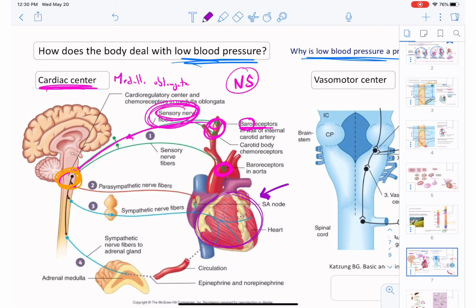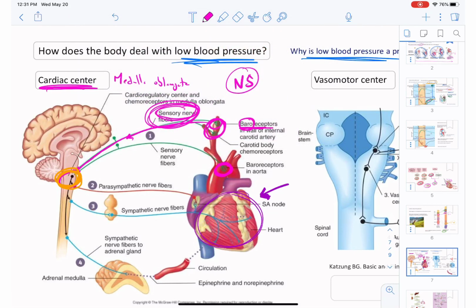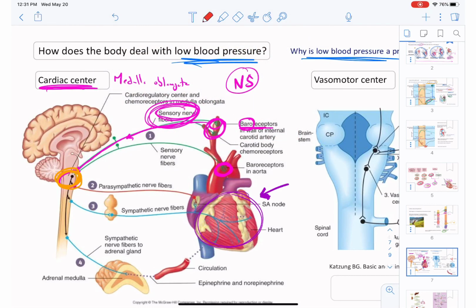Now, what branches of the autonomic nervous system are we going to use to get that information there? We're going to send that through the sympathetic neurons. So the cardiac center sends action potentials out the sympathetic nervous system.